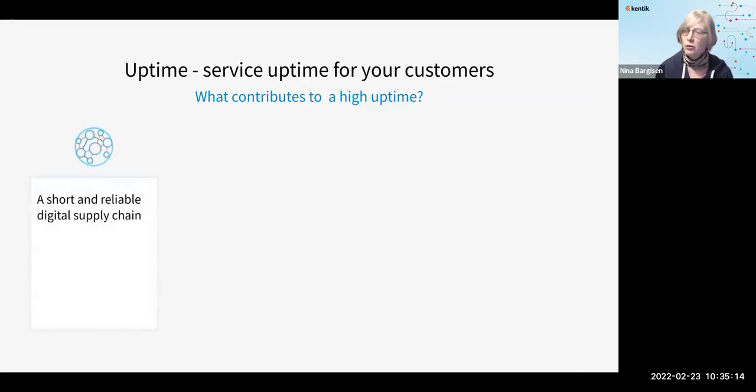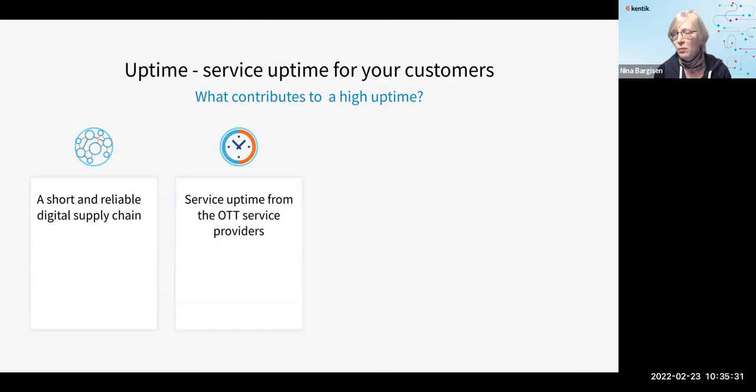We can make sure that there's a short path to the services the customers care about, and that we know that path really well, and that it's reliable. We can't really do anything about the uptime of the top service providers, if those are the services our customers care about.